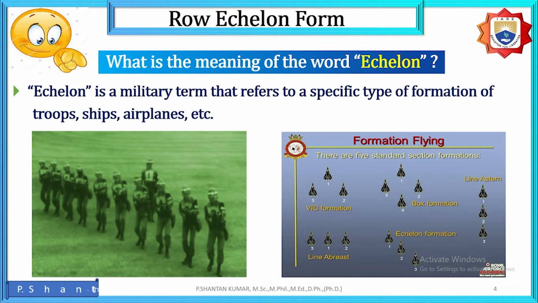While observing the Echelon formations, there are, say, four or five formations. Out of these five formations, we consider one to be the Echelon form. And how to identify, that means how to define, this is the Echelon form, when we observe these formations.